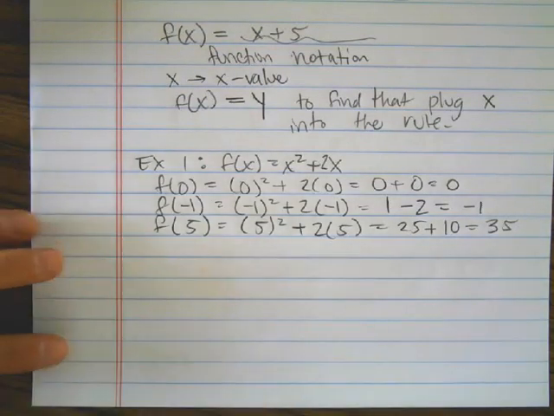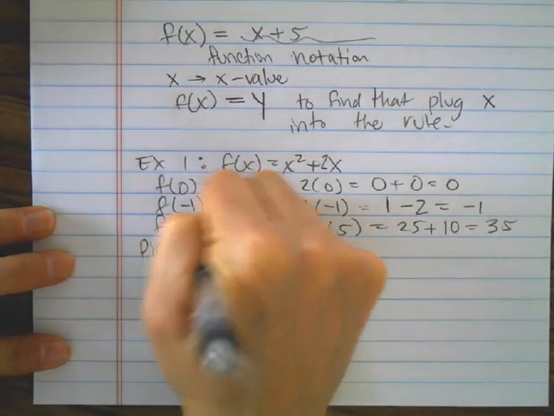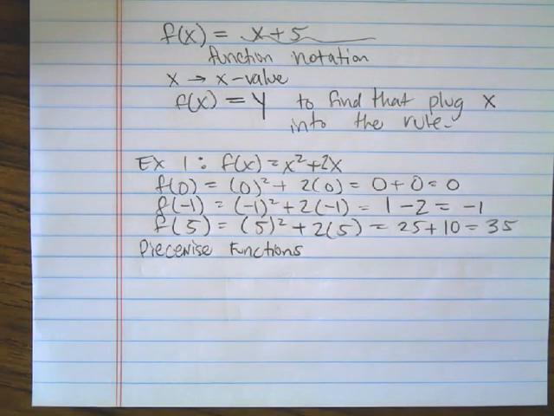Okay, we also have what are known as piecewise functions. You can see these in everyday life. One of the best ways to see them is, let's say you have a cell phone plan.